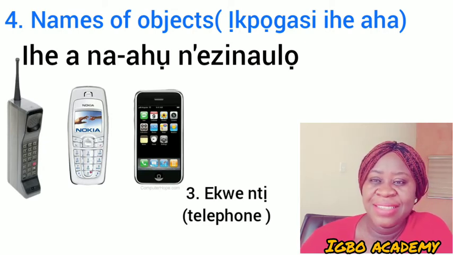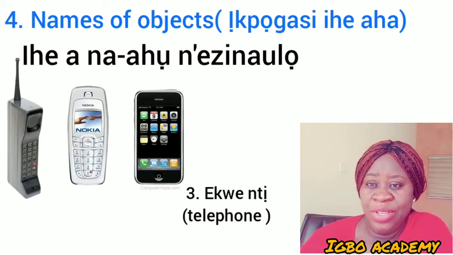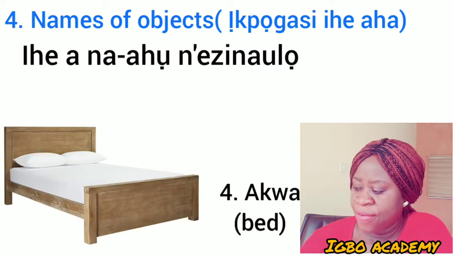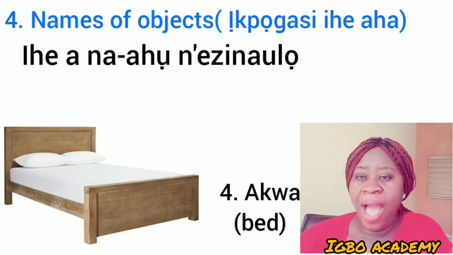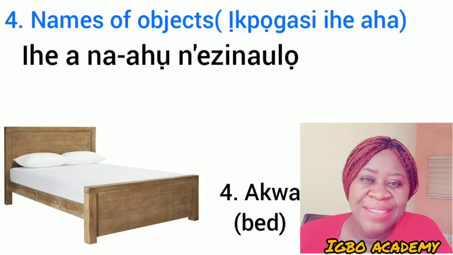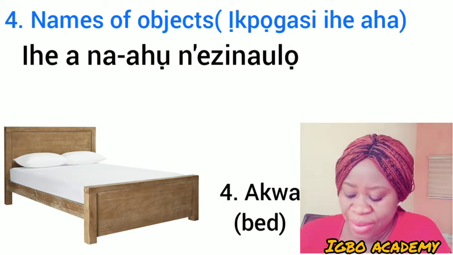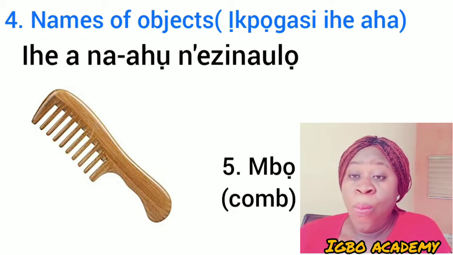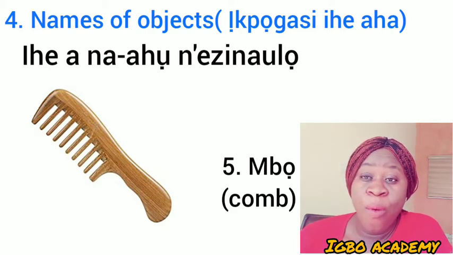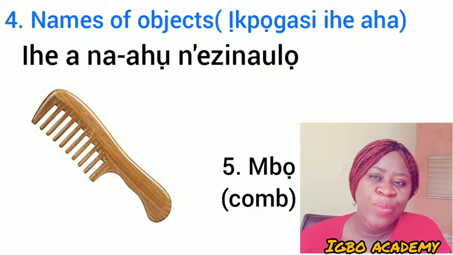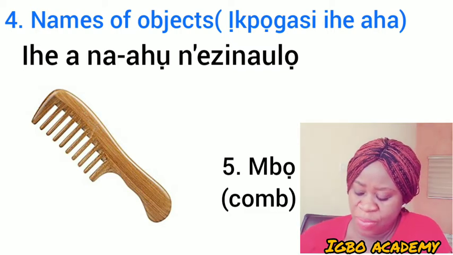Ekwentị is the phone that you use in making calls. Then you have aqua, and aqua means bed for lying down. Then you have mbo. Mbo means comb, the comb you use in combing your hair.